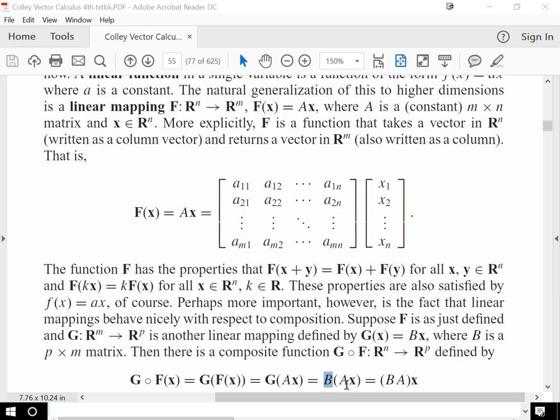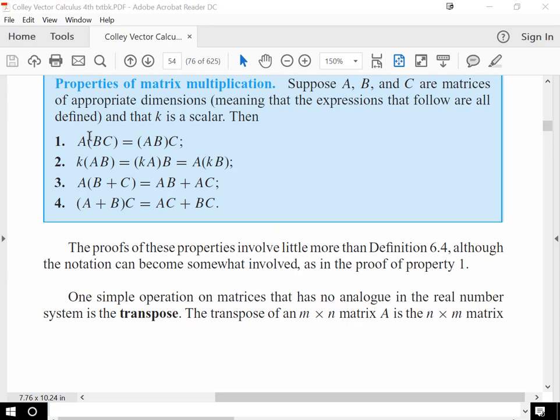And so what we're saying is you can do Ax and then multiply that by B, or you can multiply B times A and then multiply by x. And that comes from this particular property of matrix multiplication, that it's associative.